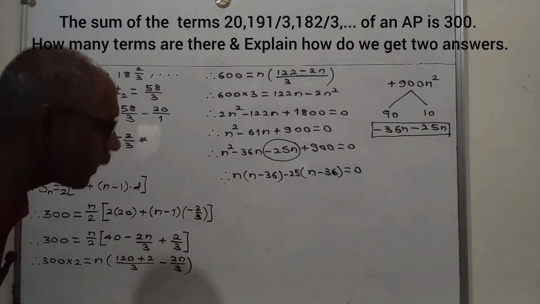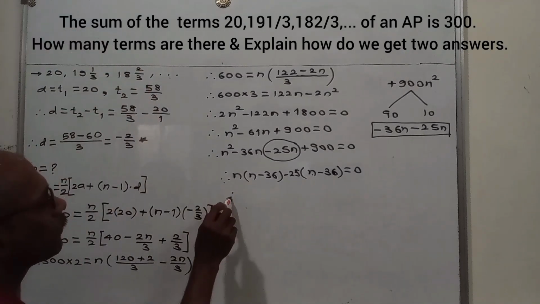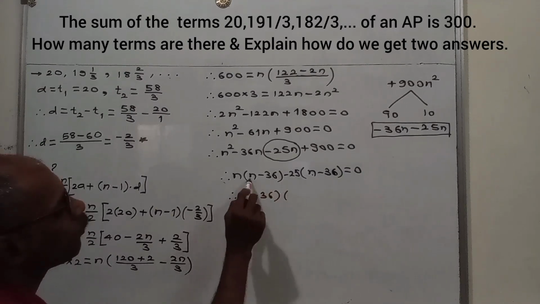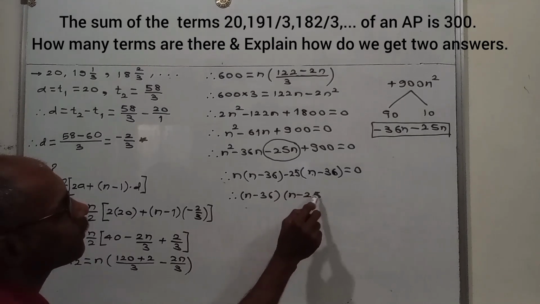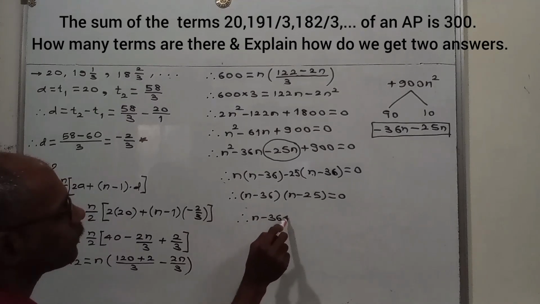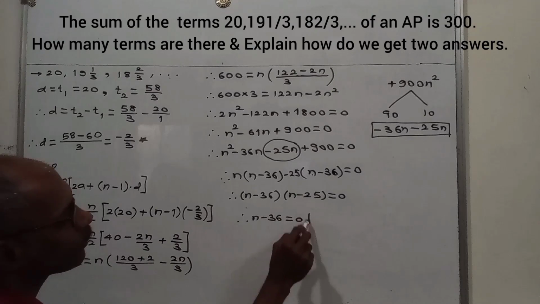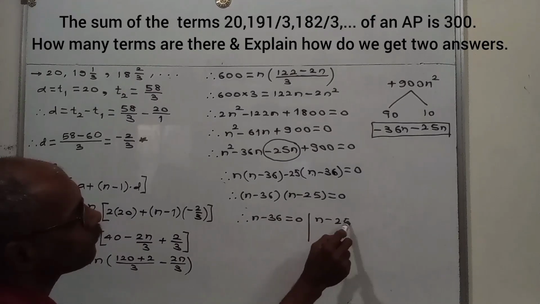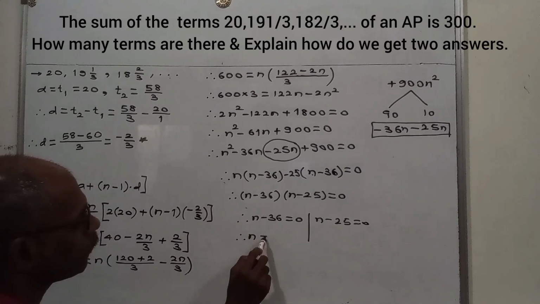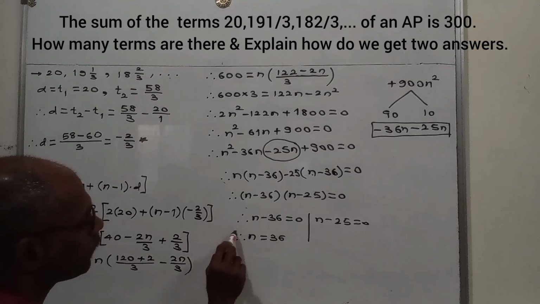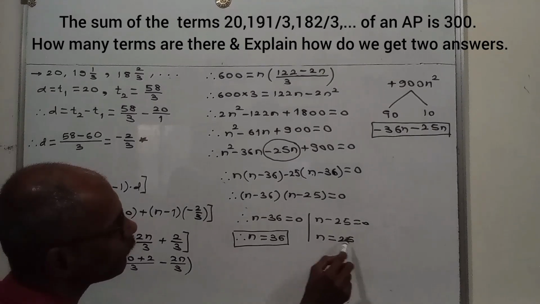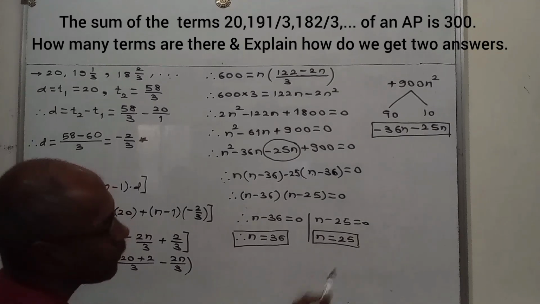Now n minus 36 is common, then what is left is n minus 25 = 0. Therefore n minus 36 = 0 or n minus 25 = 0. So n = 36 or n = 25.